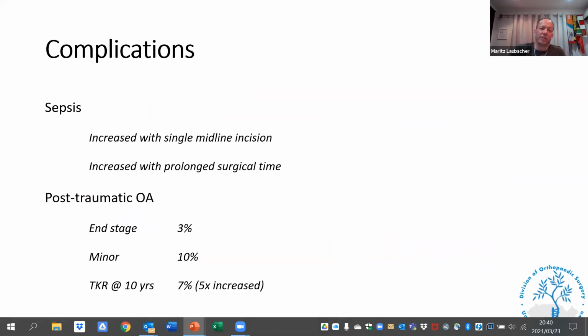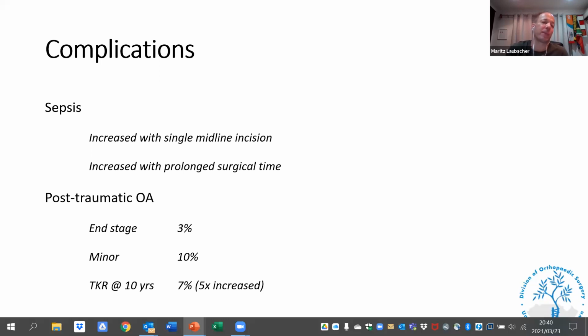Complications, obviously sepsis is the big one, and you can avoid that by avoiding a single midline incision, appropriate timing of your surgery, but also very importantly, avoiding prolonged surgical time. As I mentioned earlier, it's a fracture associated with a relatively good prognosis when you compare it to other intra-articular fractures, specifically in the lower limb like pilon fractures.